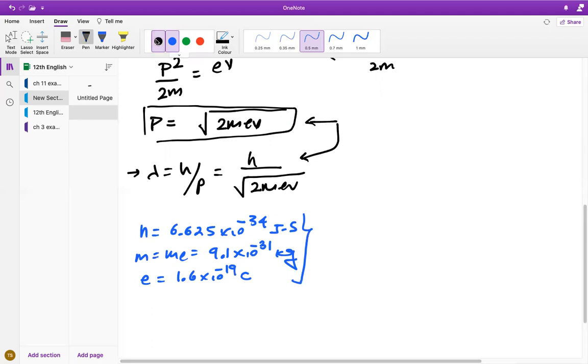The only thing left is my V value. My wavelength will be nearly 1.22 upon under root of V nanometer.